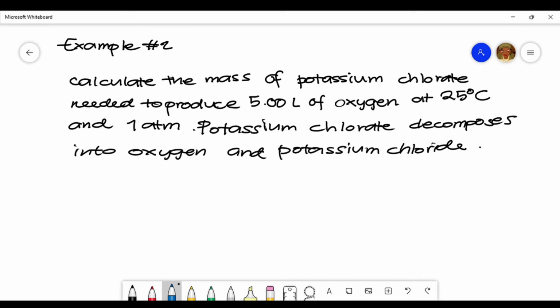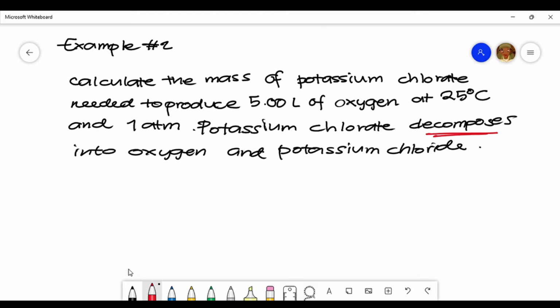Now we want to emphasize that this gas stoichiometry problem involves decomposition. If you can recall the difference between decomposition and combustion, in decomposition, since it is from the word decompose, we're expecting O2 or oxygen on the product side.